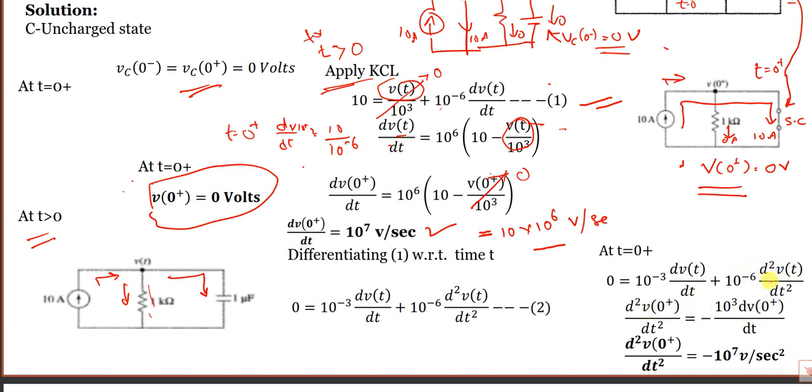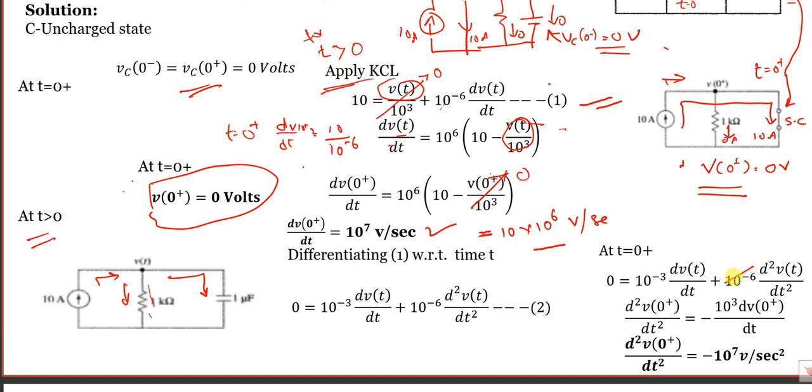Okay, d square V by dt square is equal to, you can do it like this: divide throughout by 10 power minus 6.